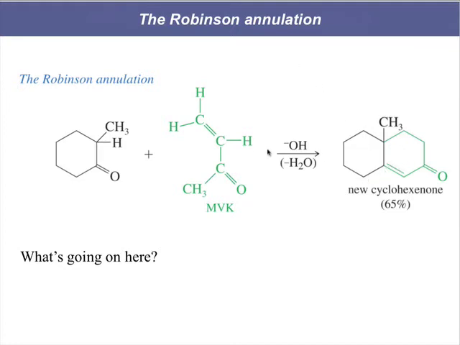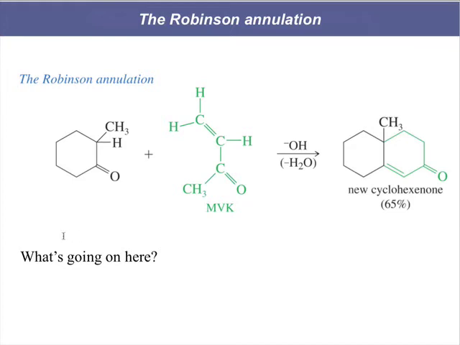Now, this is a pretty interesting reaction. It almost looks like we're snapping this 4-carbon chain onto our original carbonyl. But notice that the carbonyl moves. We've got a double bond in there. So let's look at what's going on here. It's an interesting mechanism because we've seen every single step of the mechanism.